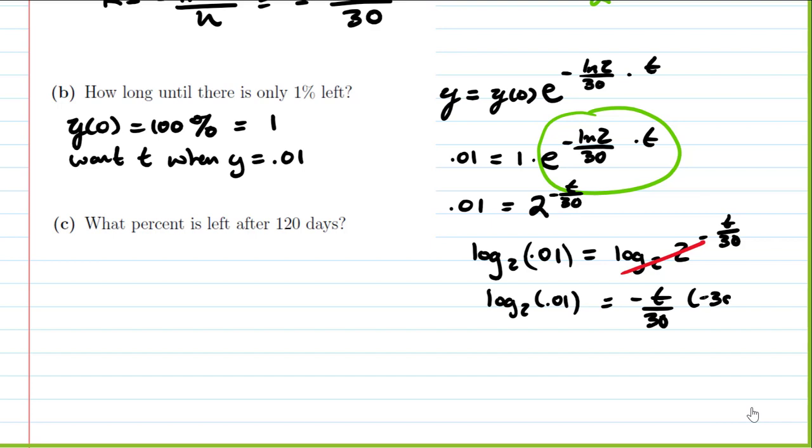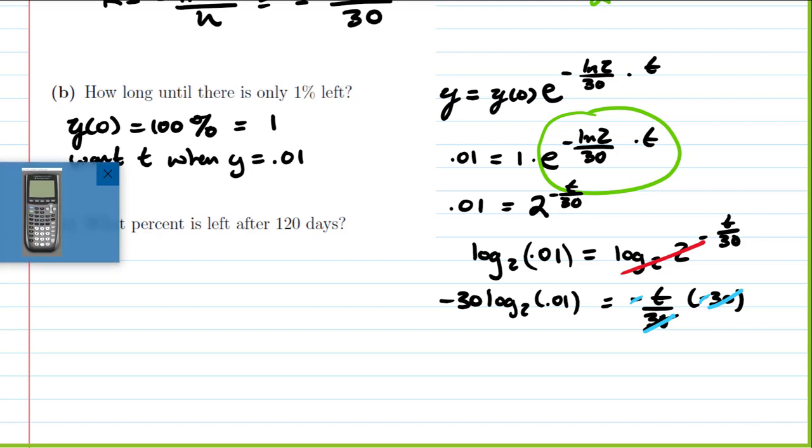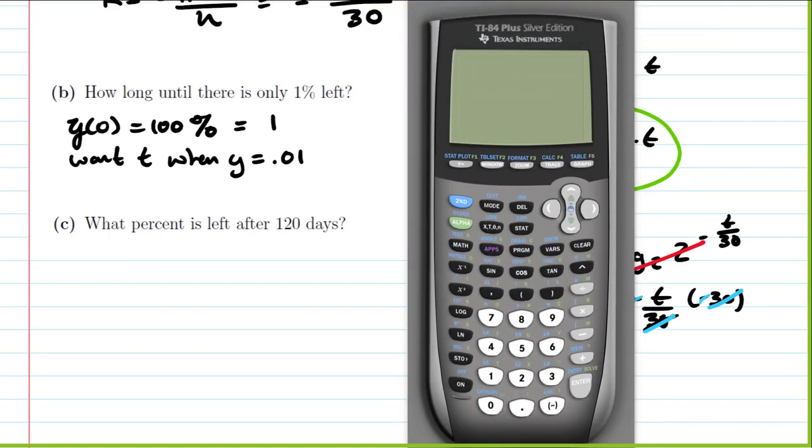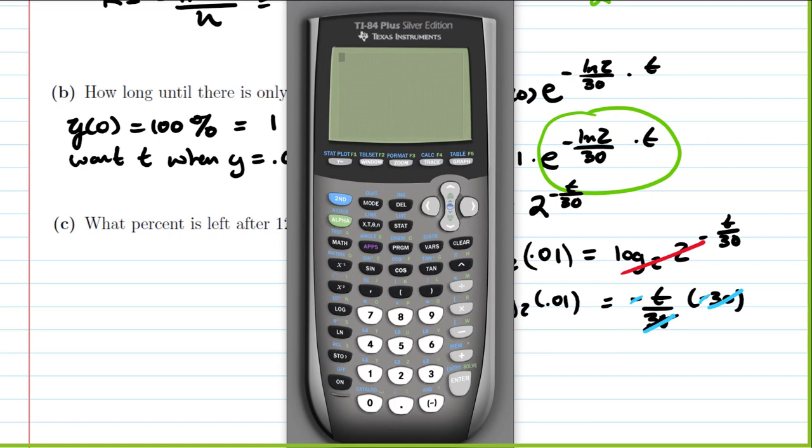So we multiply by negative 30, multiply by negative 30, and we get t. So then we just punch this into our calculator. And I said it kind of fast last time. If we don't remember, where is the logarithm with an alternate base?